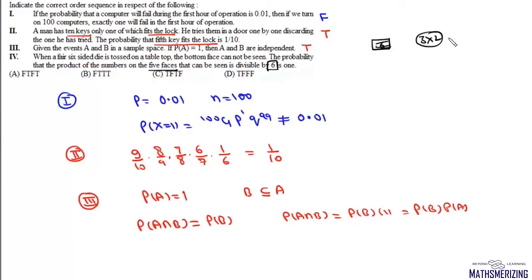That means this product will always be divisible by 6. And if it is not 6, then it will have 6 on one of the faces. Therefore, this product will again be a multiple of 6. So it is true for any case. So this probability will always be 1. So that means this fourth option is also true. So the answer to this question is false, true, true, true. And that's your option B.